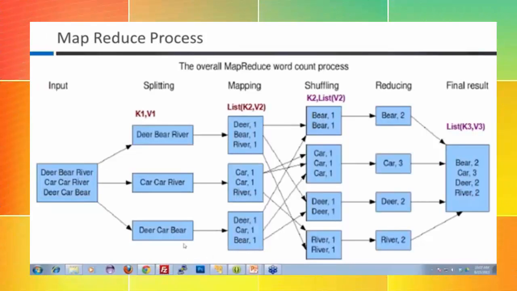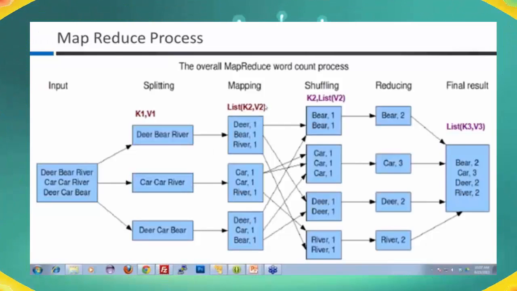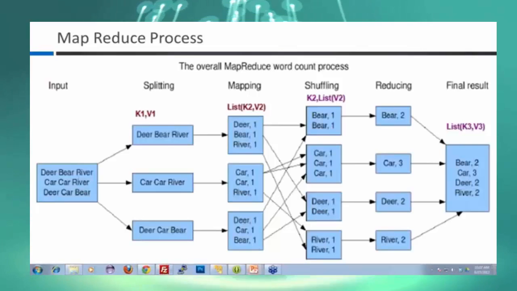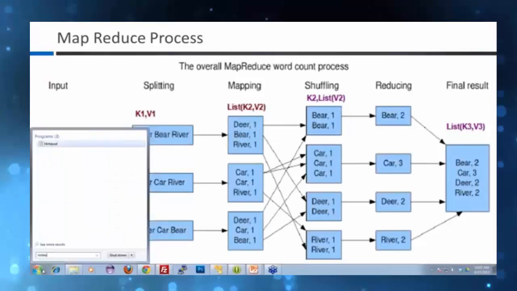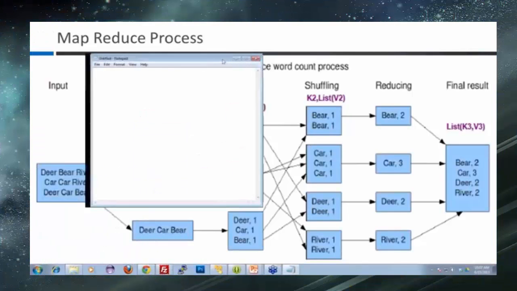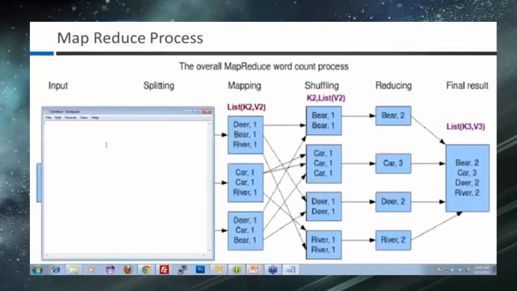You can also write this as, let me just open a notepad. Some people who already know MapReduce will ask me, why are you not writing it in the traditional way? So let me just quickly open notepad and show you how it can also be represented.